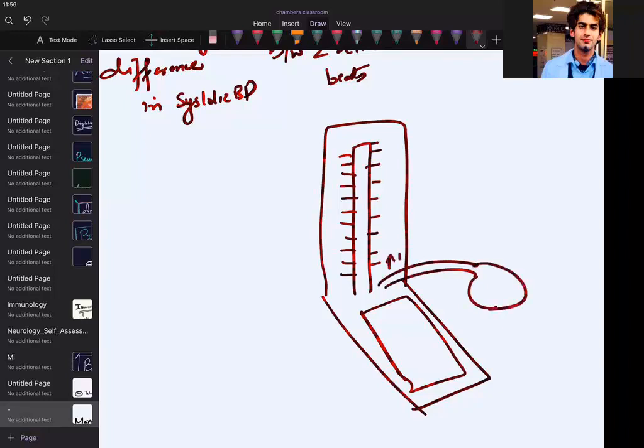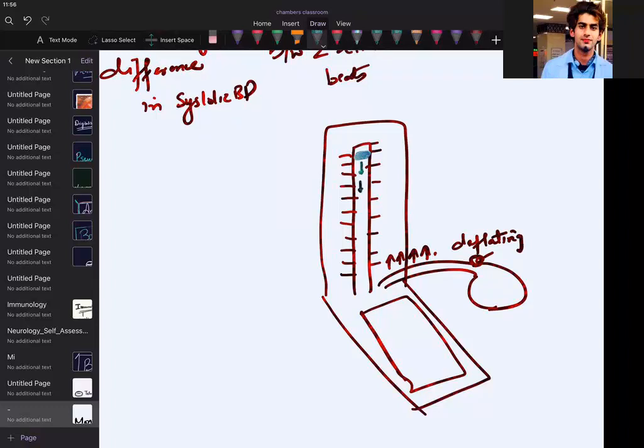Then while you are deflating it with the knob, the mercury column will start coming down. Now you are measuring the blood pressure.